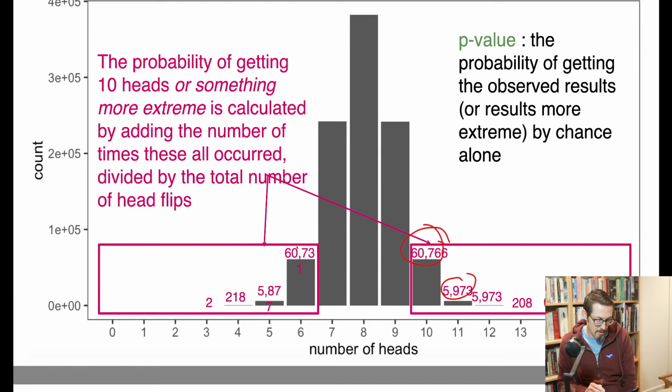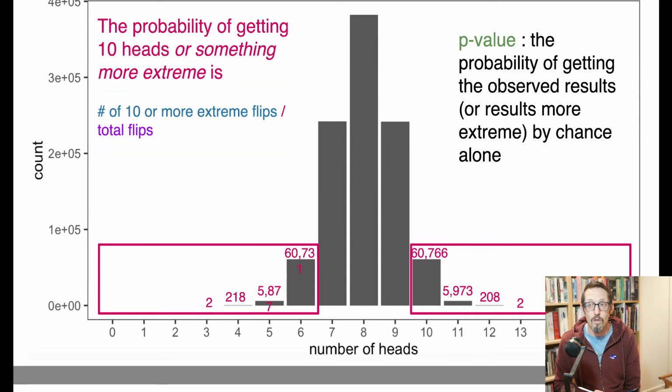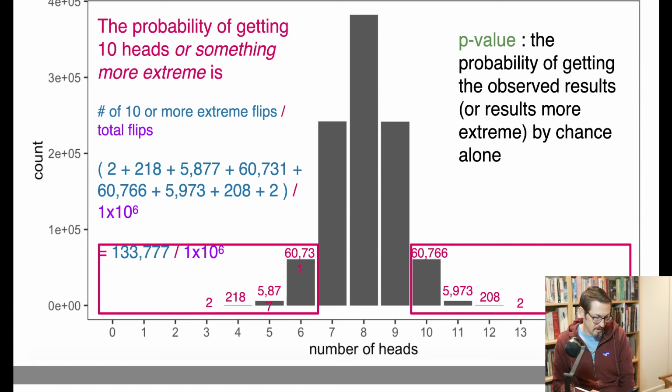We're going to add them all up, and then we're going to find out what their probability is out of all million coin flips. We're going to divide it by the 1 million coin flips that were done here.